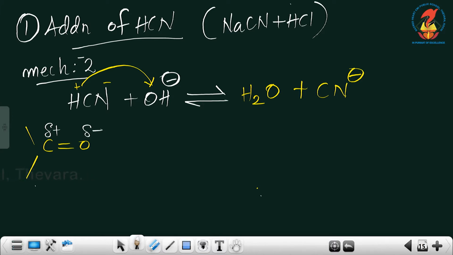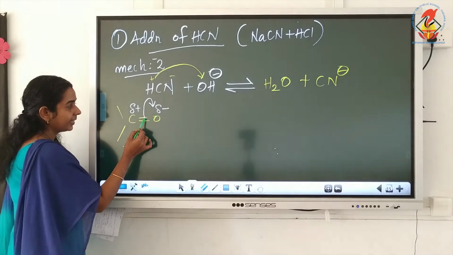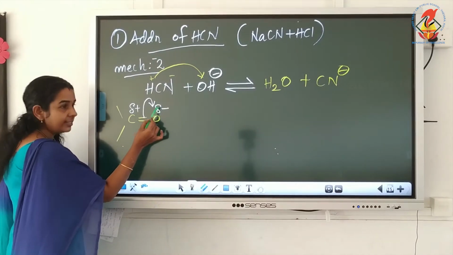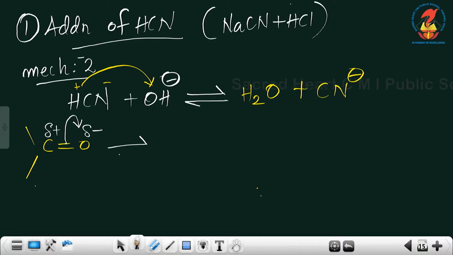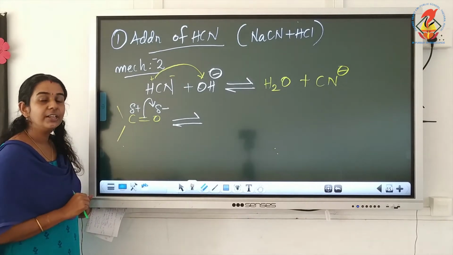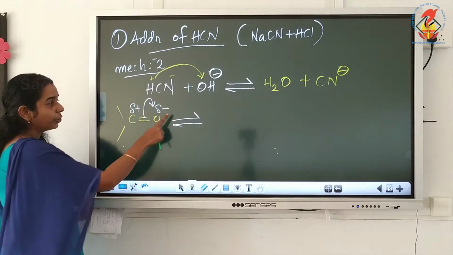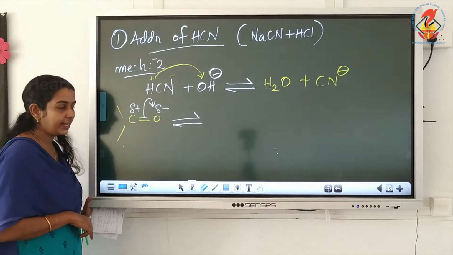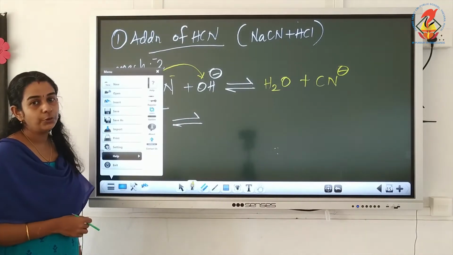Since oxygen is more electronegative, the pi bond will be shifting towards oxygen, so that C double bond O becomes C single bond O minus and carbon gets a complete positive charge. Now, remember, as we studied in the mechanism, step 1 and step 2 are both reversible. So, don't forget to draw the reversible arrow. And what is the first step here? Attack of nucleophile, isn't it?